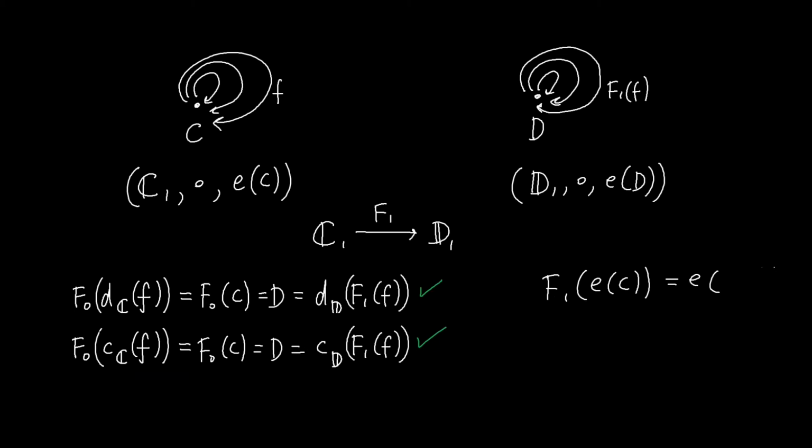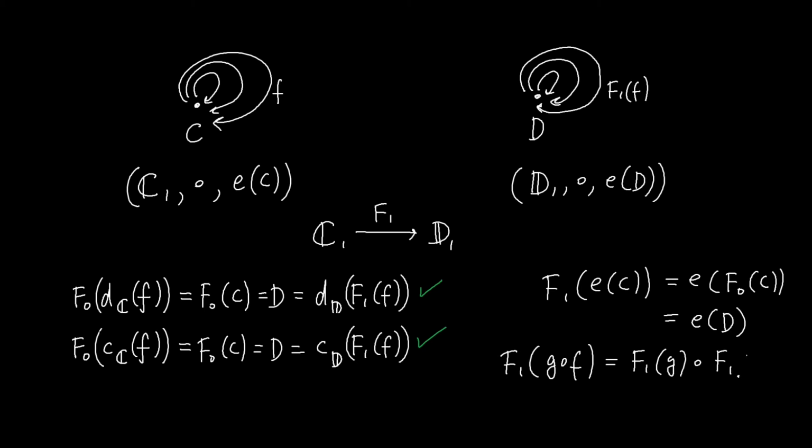Well, we should have said it equals E of F0 of C, but remember F0 of C is D. So then it reduces to this equality that F1 of E of C equals E of D. And then preservation of composition, F1 of G composed with F must equal F1 of G composed with F1 of F. And I maybe should be more consistent with myself and keep the subscripts under the composition symbol.